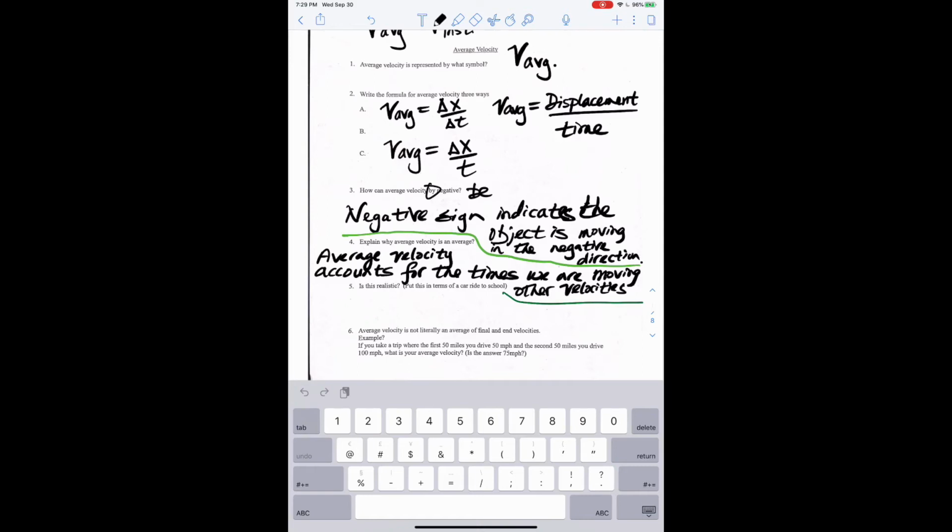There's traffic lights. So maybe your all-in-all average velocity on your ride to school, even though Platte is mostly 55, and there's some areas where it's 25 over by Simons, we would expect to see an average velocity of what? Probably 40 miles per hour on your car ride to school, right?